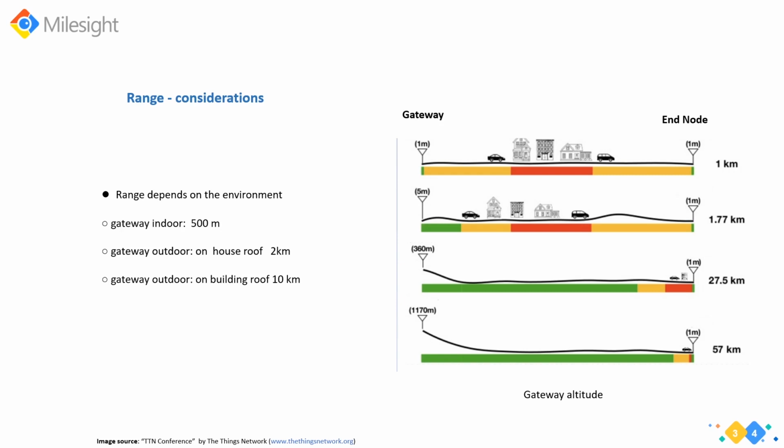The range depends on the indoor-outdoor placement, the position of the gateway, and also the position and elevation of the end devices. So if you need to cover a big distance, please make sure where your gateway and end devices are deployed.